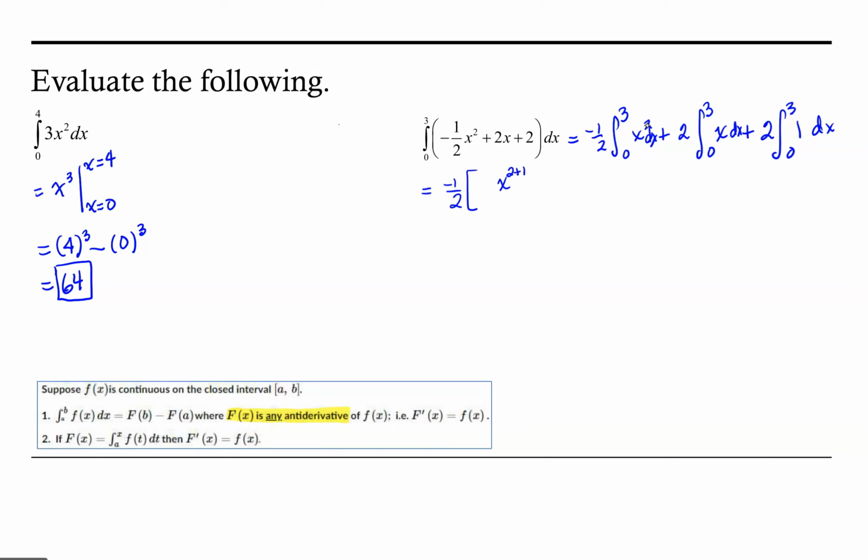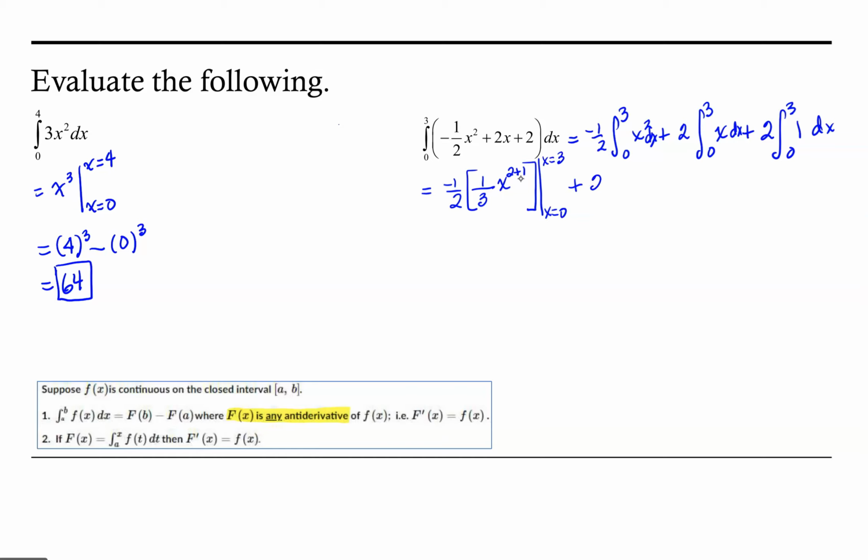So we will add 1 back in. And then I need to multiply by 1 over that exponent, so that when I take this derivative, I end up with x squared. And so 1/3 x cubed has a derivative of x squared. And we will evaluate that from x equals 0 to x equals 3.